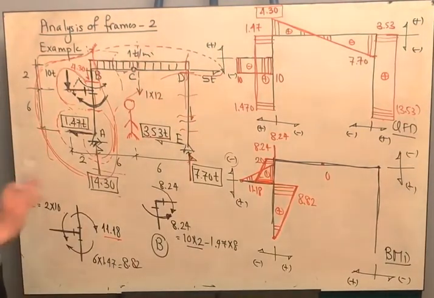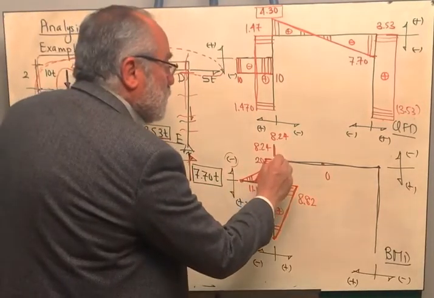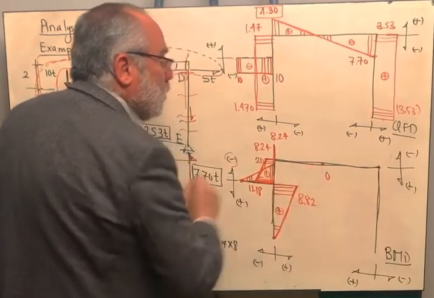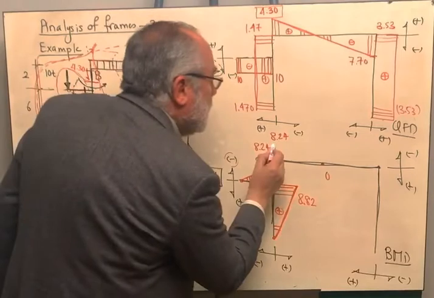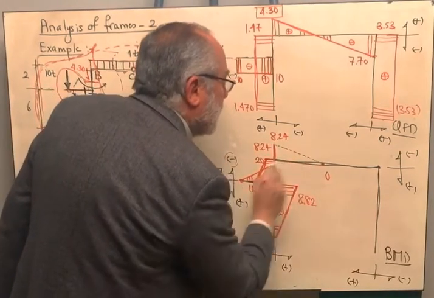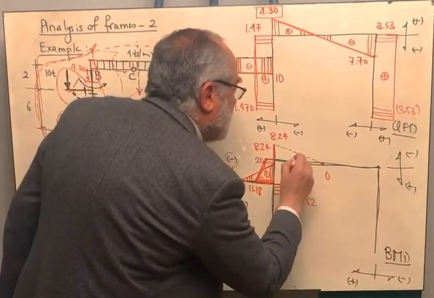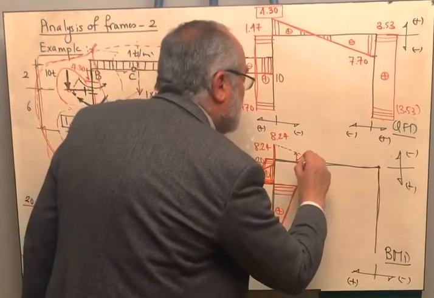So again, I will be using the method of superposition. We know the magnitude of the moment here 8.24, and we know the moment here is equal to 0. I am having a distributed load in between, so I'm going to connect this like that, and I'm going to suspend a parabola. What is the magnitude of the parabola?